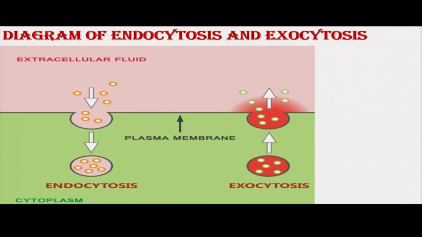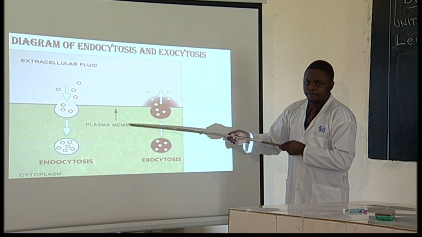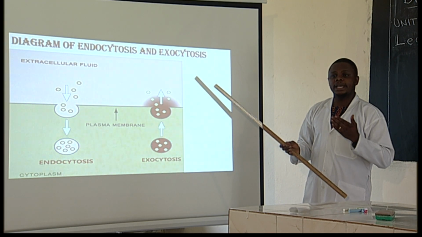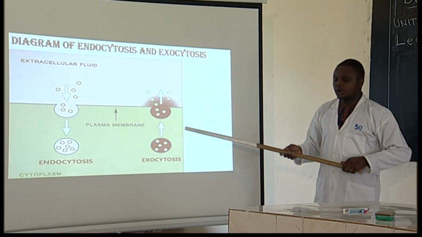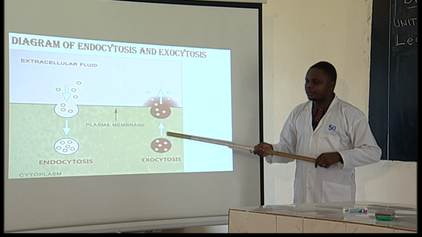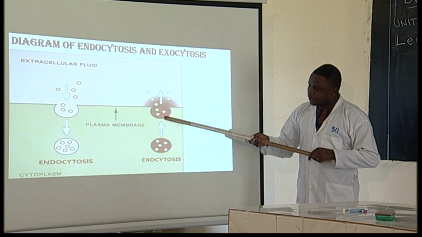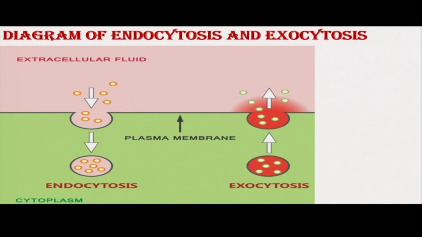And then here we have cytoplasm, we have cell membrane, and we have said food substances or waste products produced by the cell can get out of the cell. That process is called exocytosis. Like you can see here, we have the vesicle, which is going to get close to the cell membrane, and materials can go outside the cell.